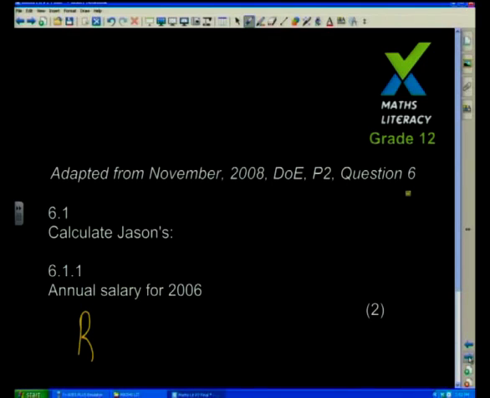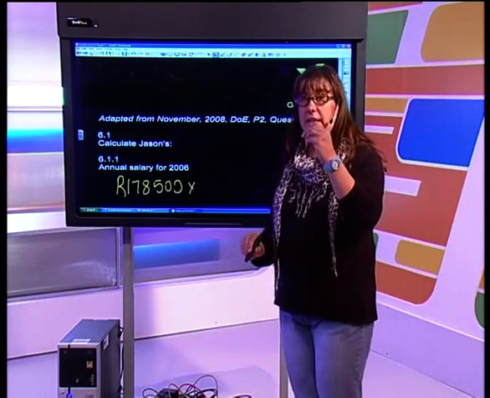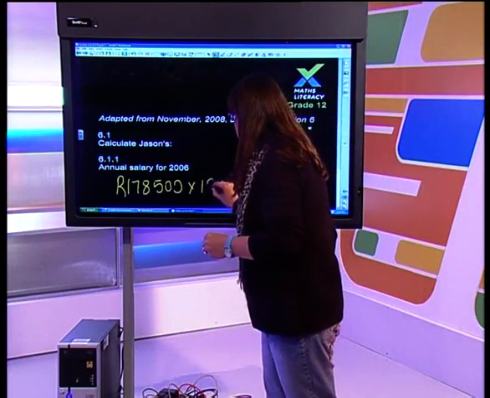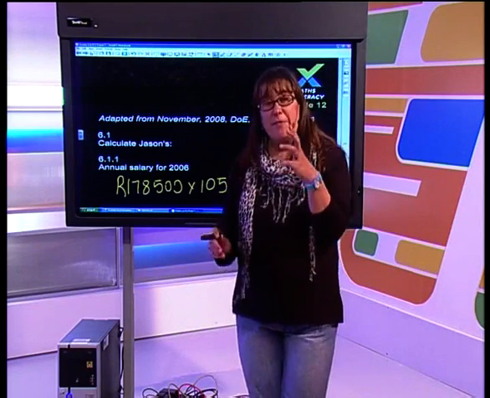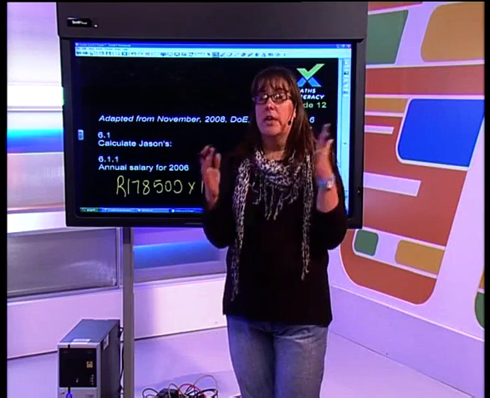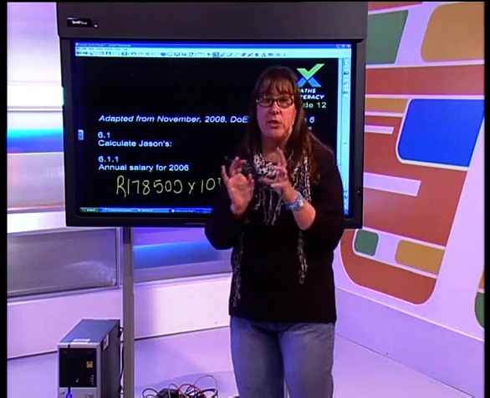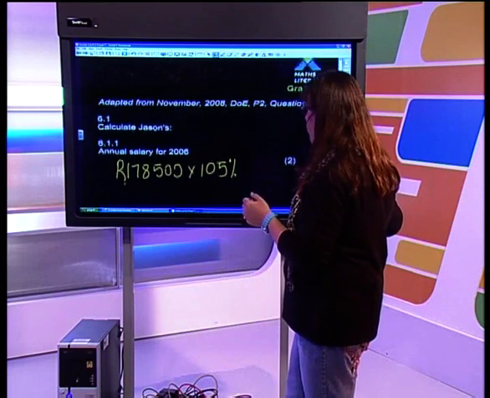Let's go to the next page. 178,500. And we know that every year he gets a 5% increase. So all I need to do is times it by 105%. You can times by 5% and then add it, or you can times by the 105% all in one. I think we've done that during the term.